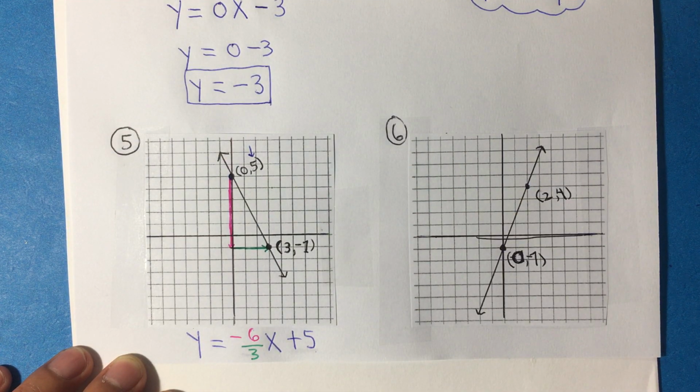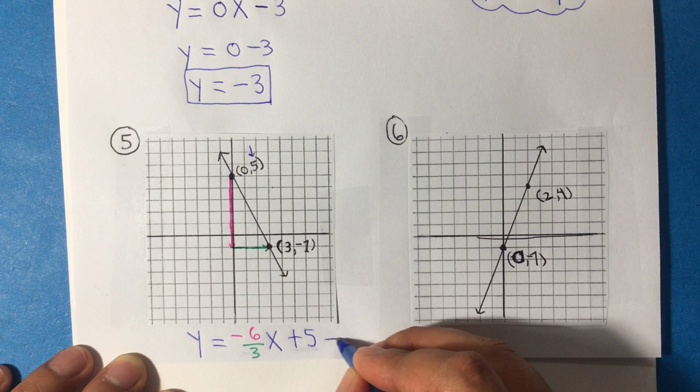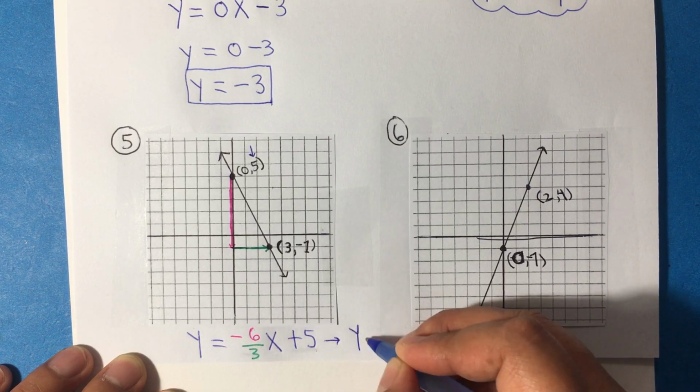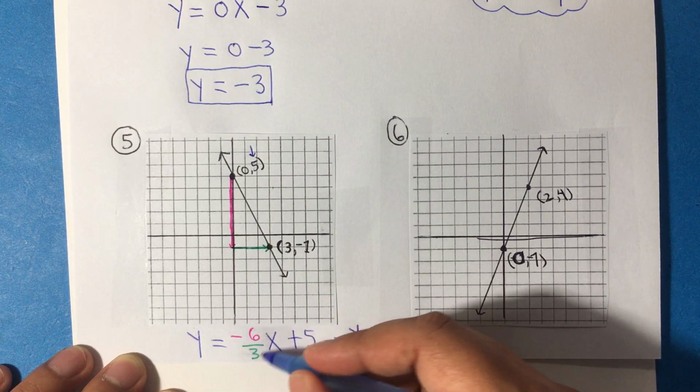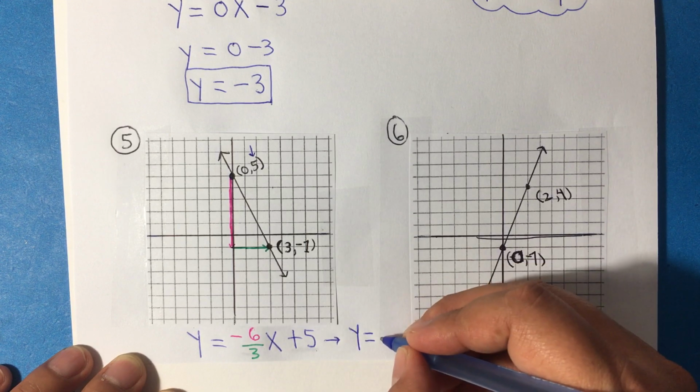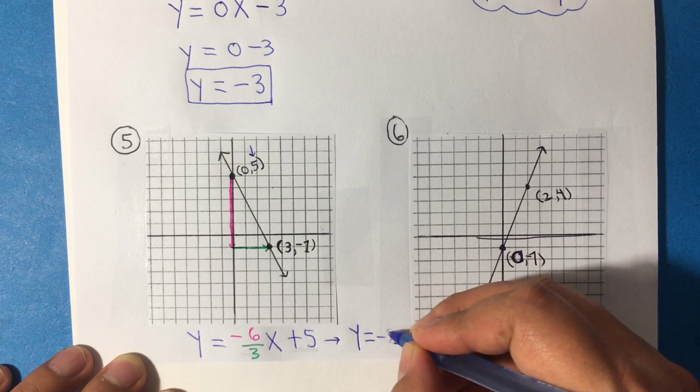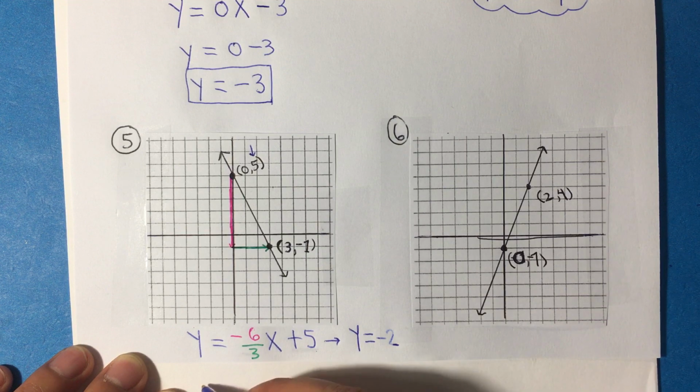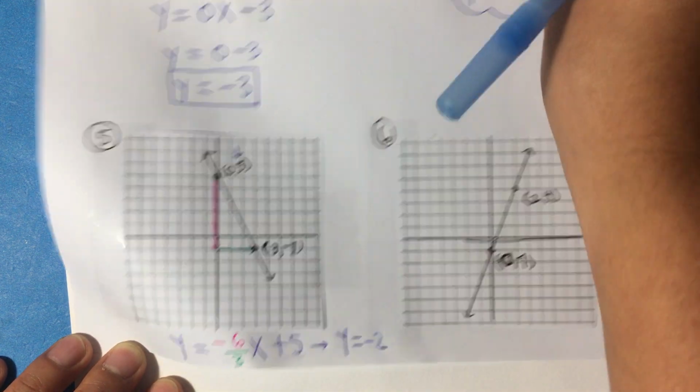Now we can simplify that. -6 is divisible by 3. So negative divided by positive is negative, and 6 divided by 3 is 2. So my equation in reality is going to be y equals, we divided this and that gives me -2. Whoops, I can't write in there. So let me write it down here in the other paper.